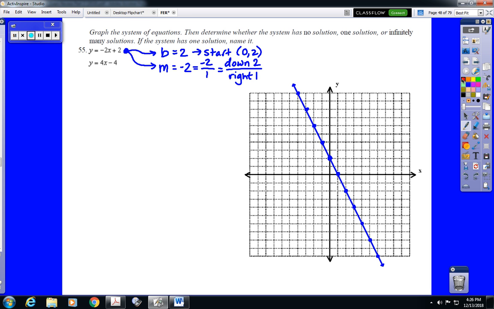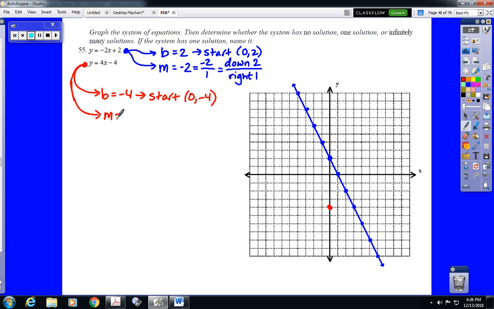All right, the other line I'm going to do with red. Okay, same idea. It's in slope-intercept form. So we have a slope and an intercept. B is negative 4, which tells us that we're going to start at 0, negative 4. So down 4 from the origin.